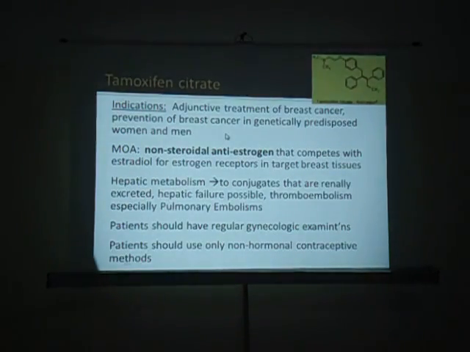So tamoxifen citrate, this is one of the SERMs, selective estrogen receptor modulator. Indications are adjunctive treatment for breast cancers, and prevention of breast cancers in genetically predisposed women and men. There are steroidal antiestrogens and non-steroidal antiestrogens. Here it is non-steroidal.